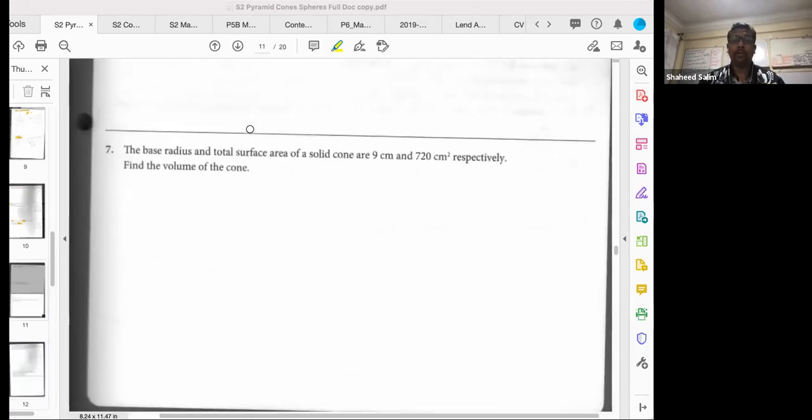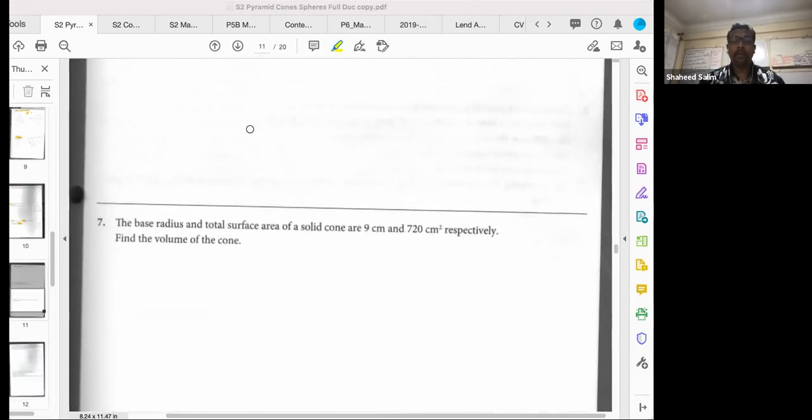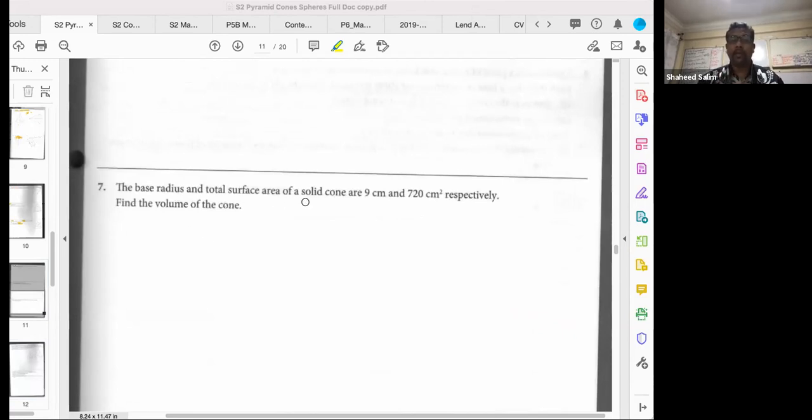Yeah, I think we do this one. The radius and total surface area are 9 and 720. So now they want you to find the volume. So basically you have, yeah, I'll draw for you. Like that. This is a cone.